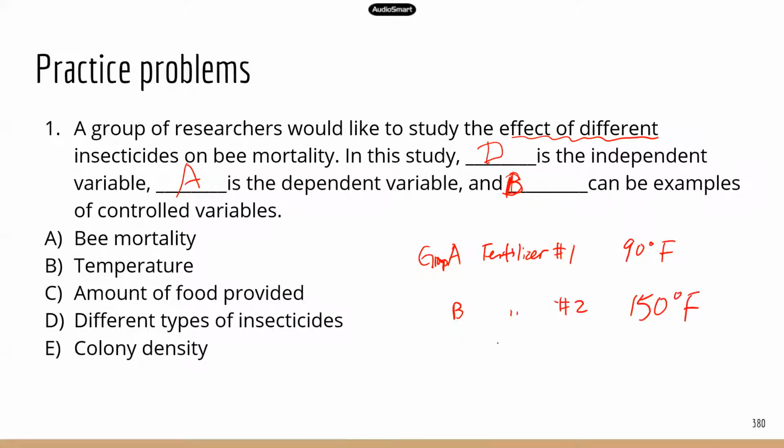If all the bees or most of the bees die in group B, you don't know whether it's due to the high temperature or due to the insecticide.